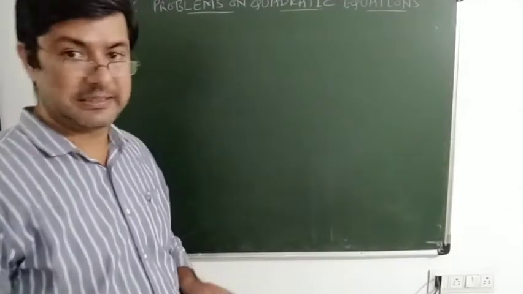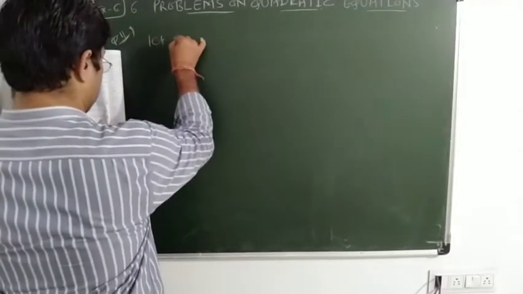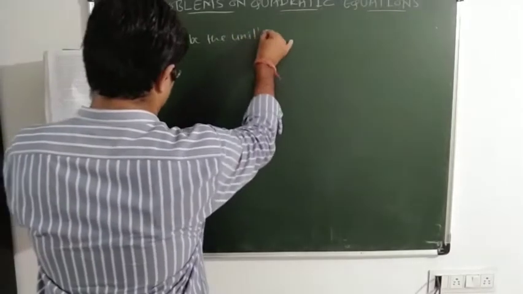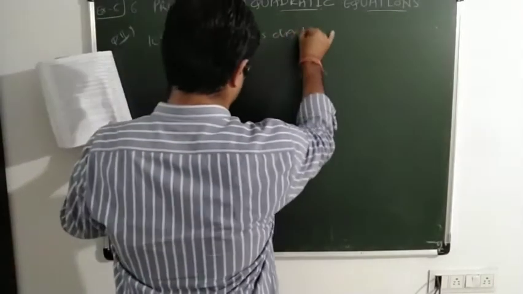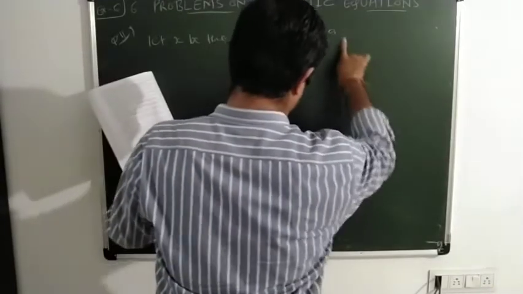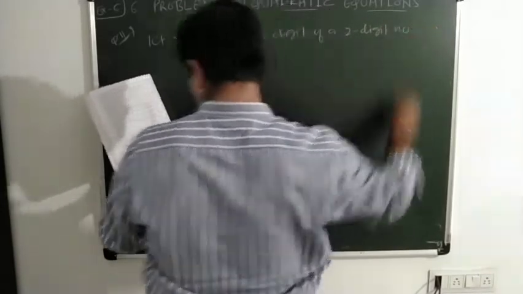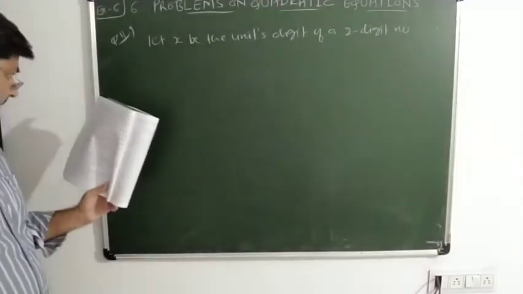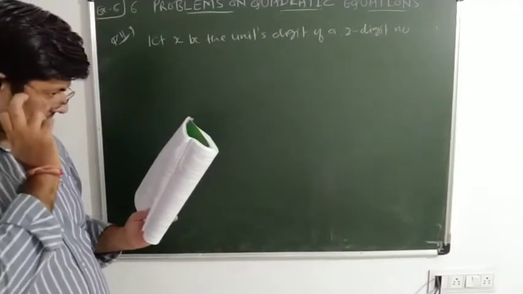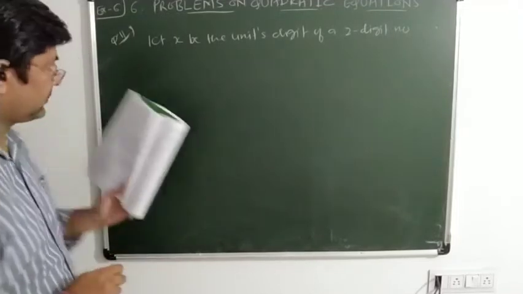So let us consider that x is the units digit. Let x be the units digit of a two-digit number. Okay, and it is given that the product of digits is 40. Yes or no?